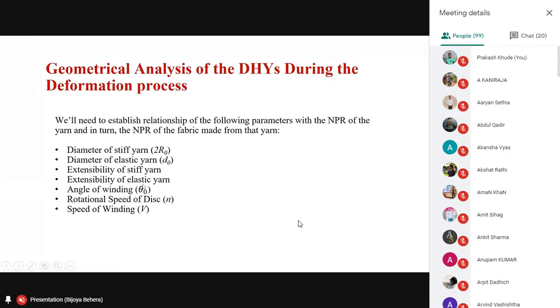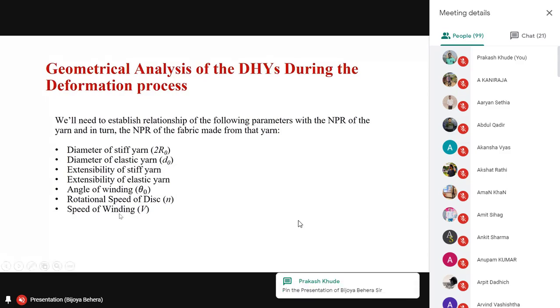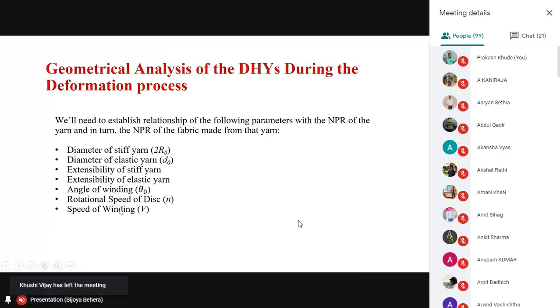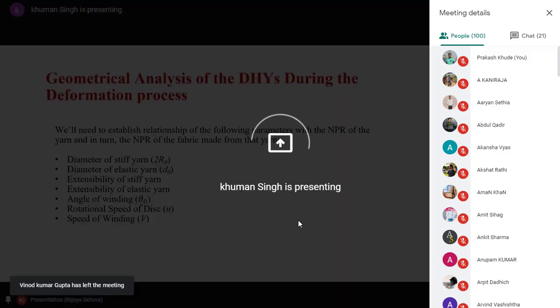You can control this angle of wind simply by controlling the linear speed and the rotational speed. So rotational speed is the speed of the disc. So the relation between these two speeds will decide what will be the angle theta. And this angle theta will decide what will be the increase in diameter in the transverse direction.